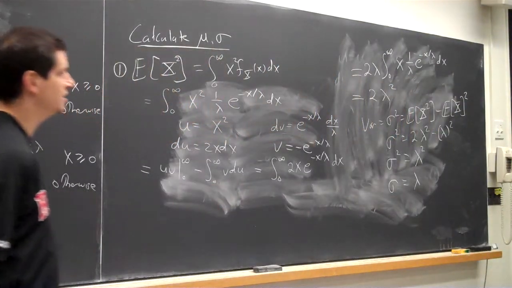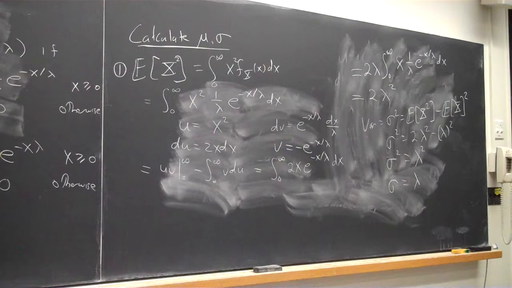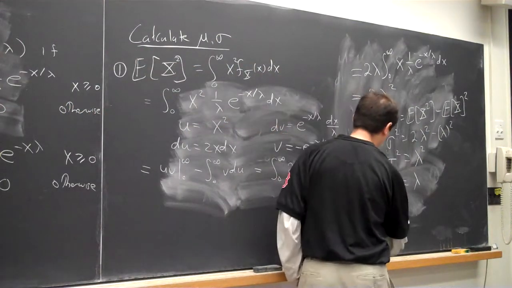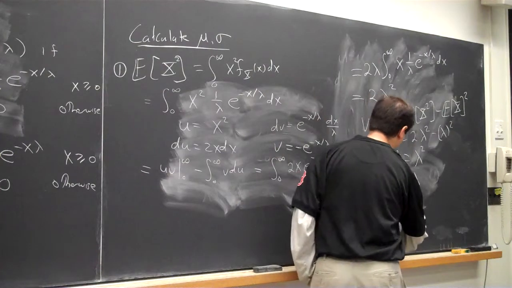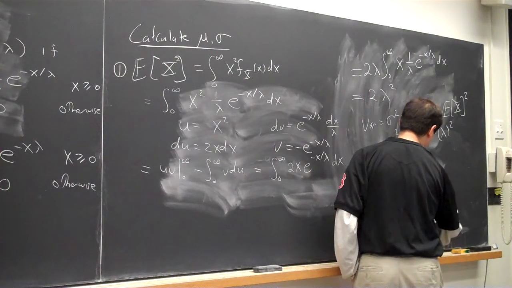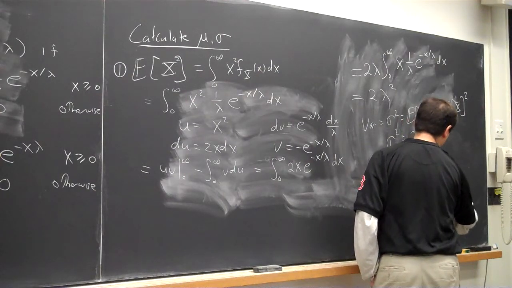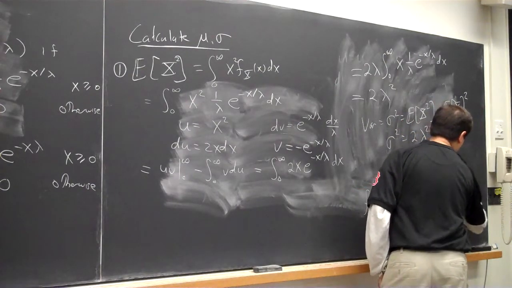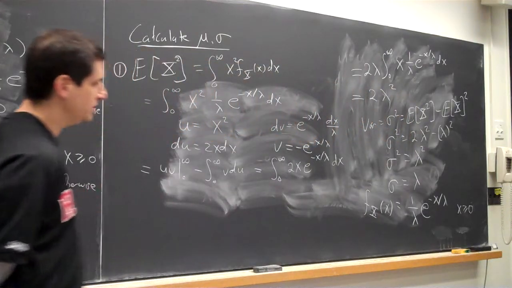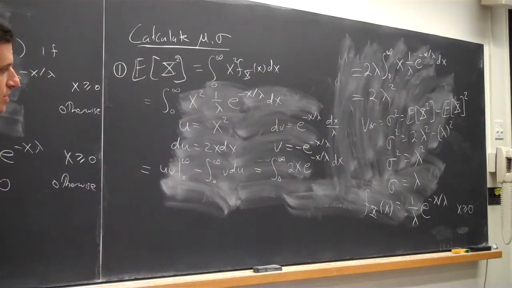Yep, it's very nice. Now the question is, do you buy it? Is this reasonable? So I'll write the density down here below. So f_X of x was 1 over lambda e to the negative x over lambda, x greater than or equal to 0.